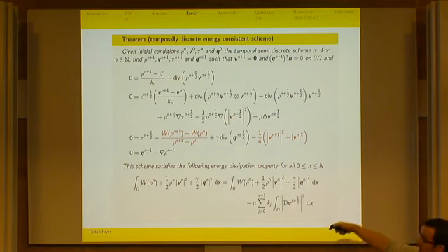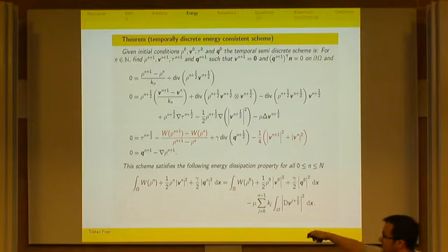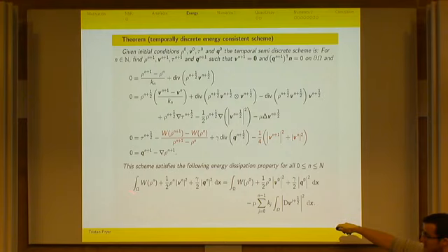Actually, this is exactly a Crank-Nicolson discretization, with the exception of these red quantities, which are slight perturbations, allowing me to have this lovely property, which says that in the time discrete case, I am energy conservative up to this point, and then this bit is signed and dissipates energy.